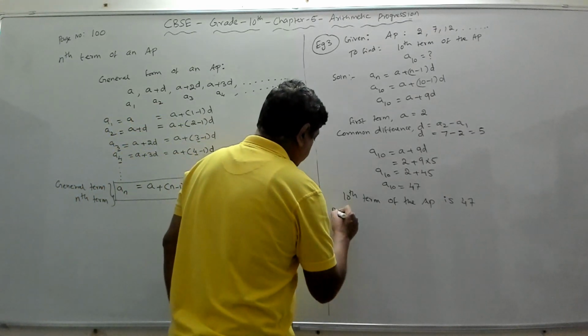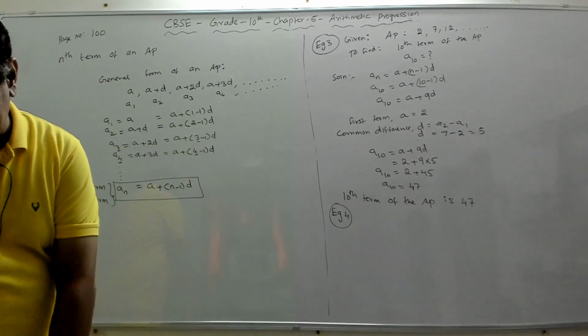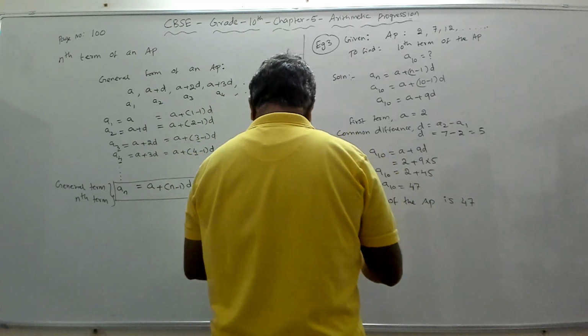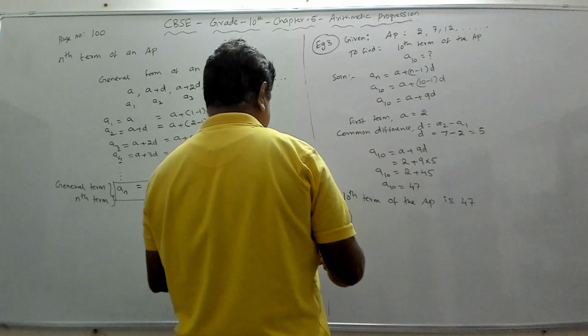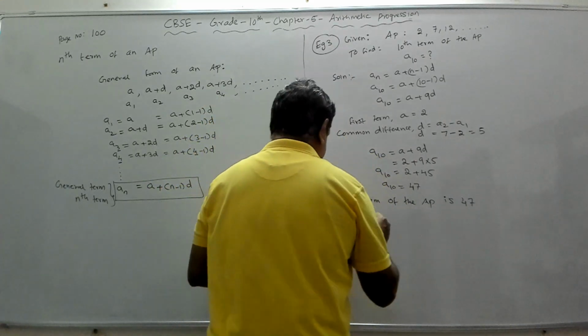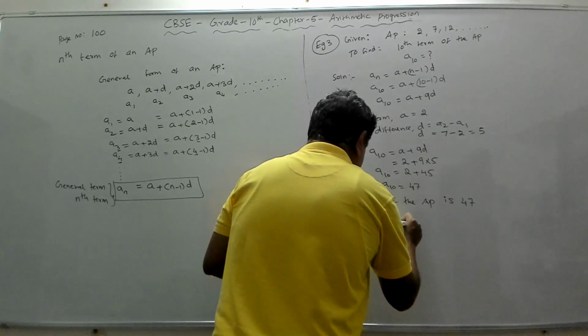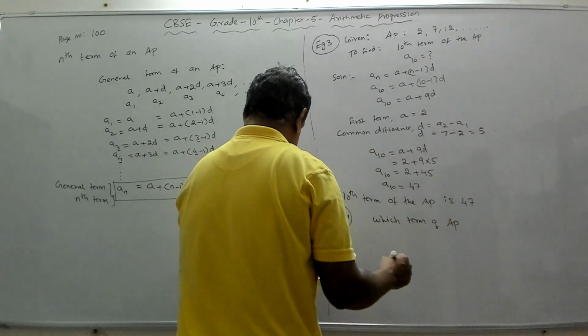Example 4, the next one. It says, which term of the AP is minus 81? Also, is any term 0? Give reasons for your answer. So they are saying which term of the AP, and what is the AP?